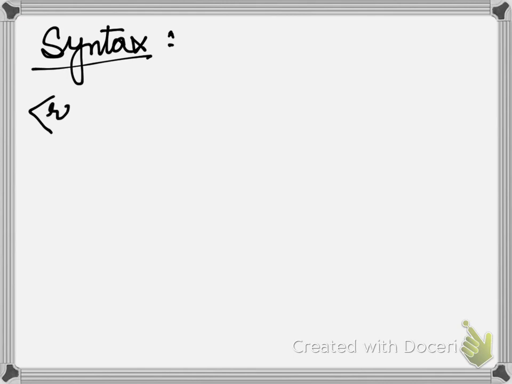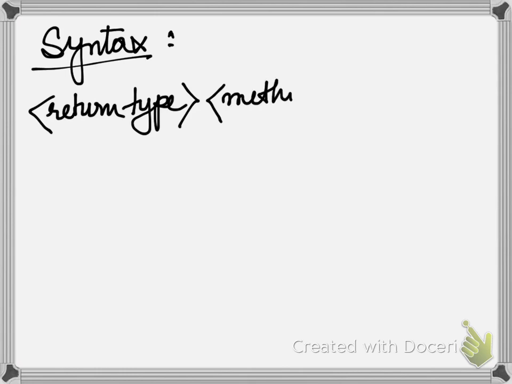So, the syntax is something like this. The first thing that you give is the return type. Okay, so return type is the data type of the value which is being returned. Then comes the name of the method.